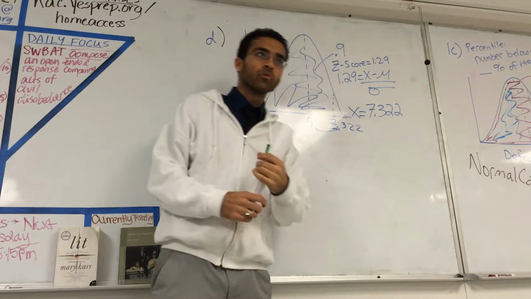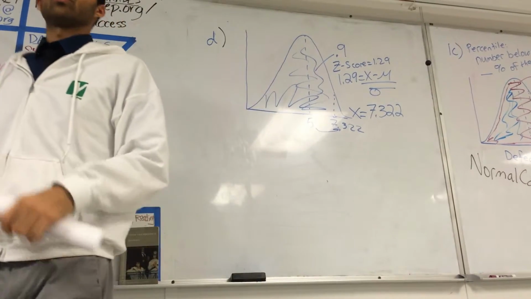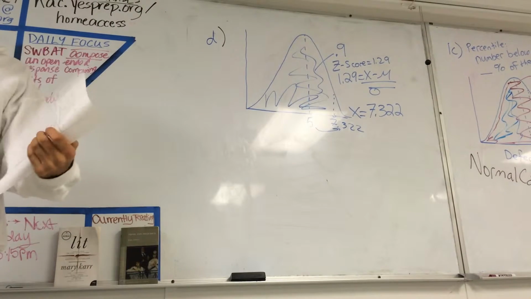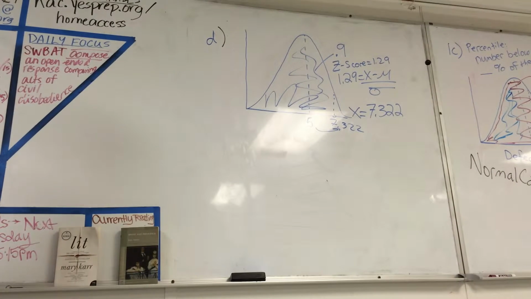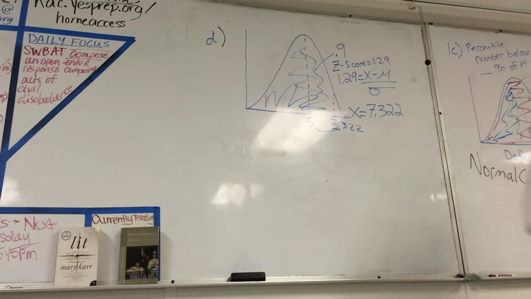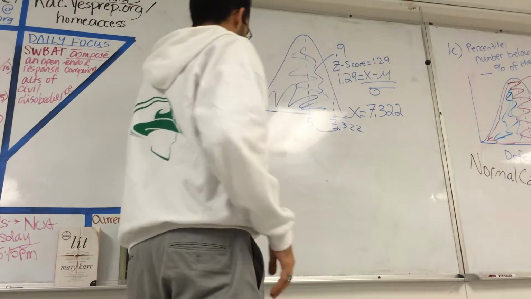We get 7.322. Let me stop here before I do part E. This doesn't make any sense. So let's look at E. I got 5. That's my answer.